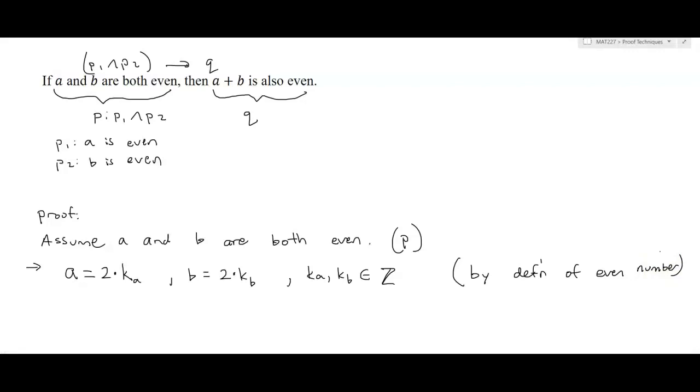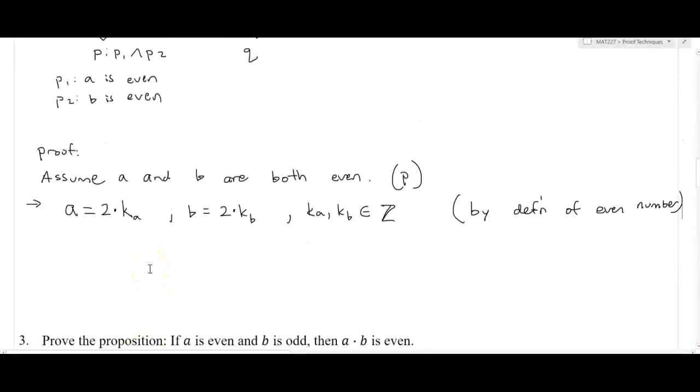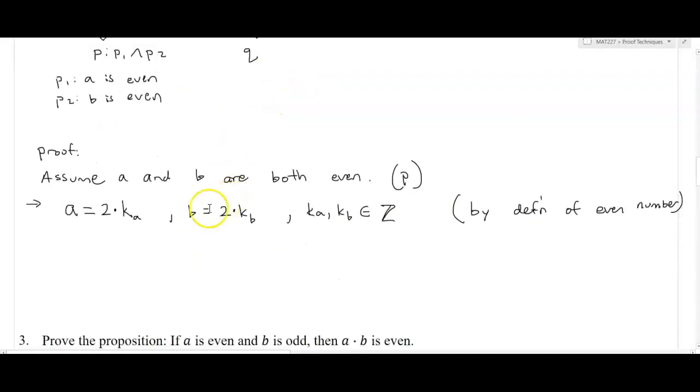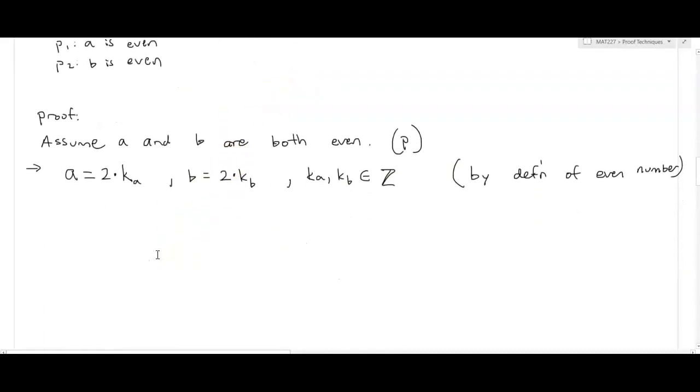And when we have equal signs, then we can actually combine things. So the next thing I want to do is, all right, how am I going to end up at A plus B is also even? Well, the conclusion isn't A plus B; the conclusion is that A plus B is even. So there's nothing wrong with me forming A plus B or adding these two quantities together.